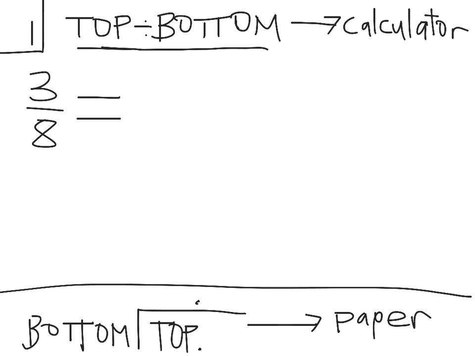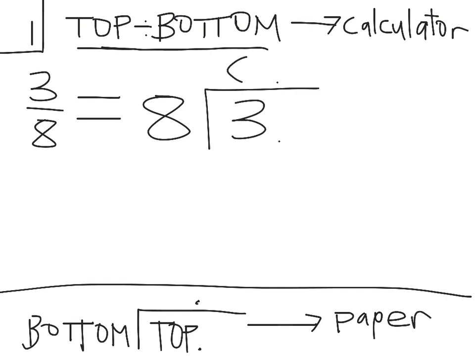All right, so that's what we're going to start with here. 3 divided by 8 if we're doing a calculator. If we're doing it on paper, then it's the bottom number 8 dividing into 3. I know 8 does not go into 3, so I put a 0, and then it goes into 30 3 times. I get 24. Subtract is 6.